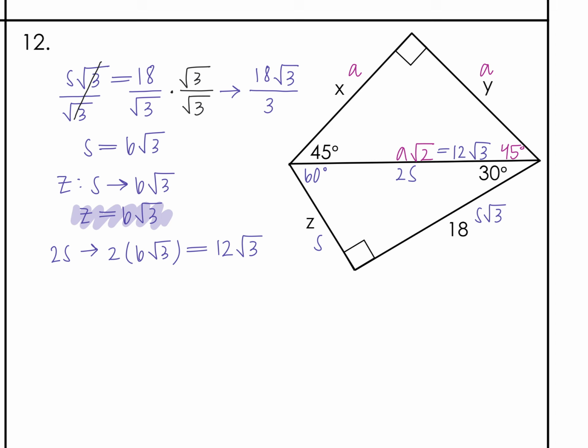Now my x and my y are both going to be that a ratio. Okay, so I'm going to need to find a. Well, we've got currently that a root 2 is equal to that 12 root 3. Okay, so I'm going to divide both sides by that root 2.